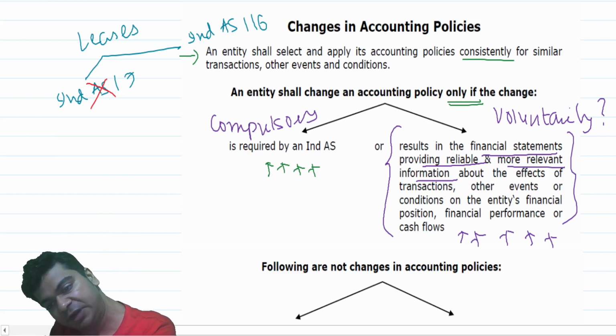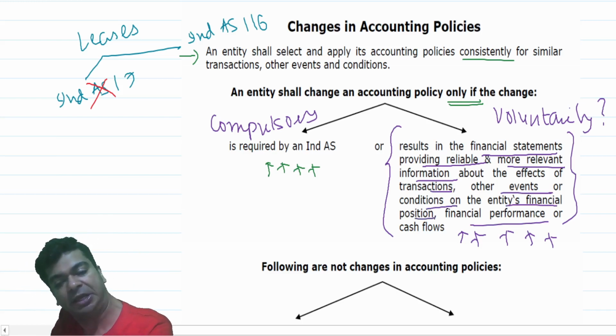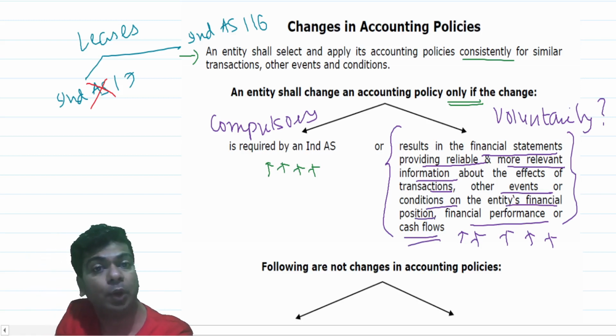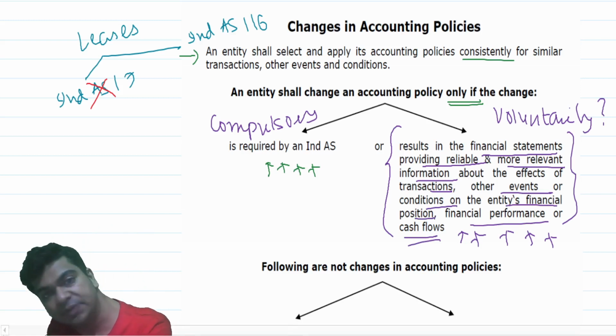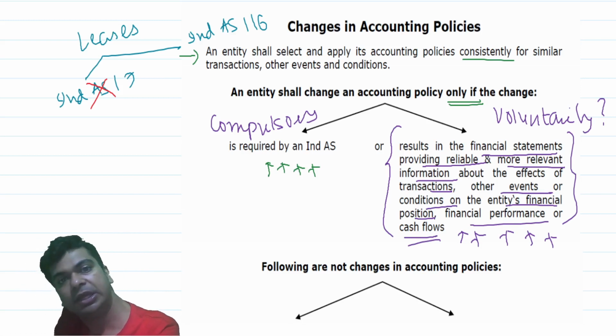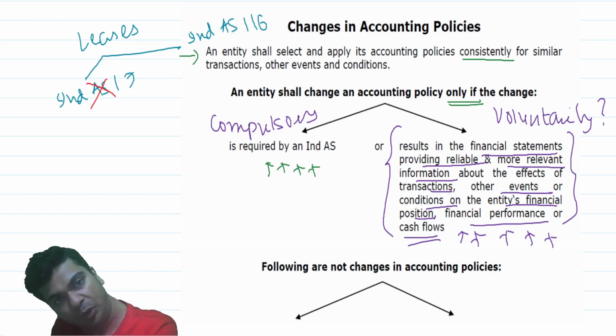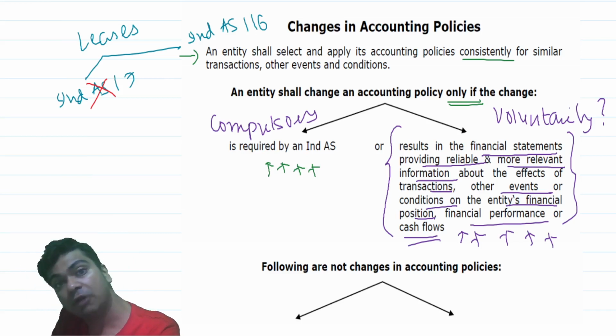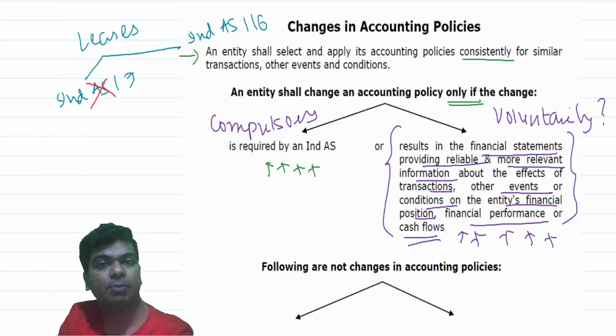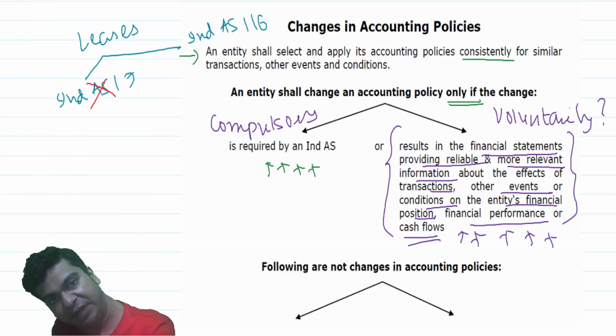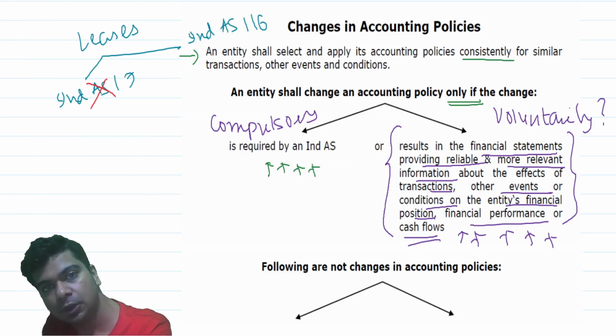About the effects of transactions, other events or conditions on the entity's financial position, financial performance, or the cash flows. That's what accounting policies are all about. Accounting policies ultimately will result into the determination of your carrying amount of the assets and liabilities, your financial performance, which is nothing but the profit or loss, and the eventual cash flows.